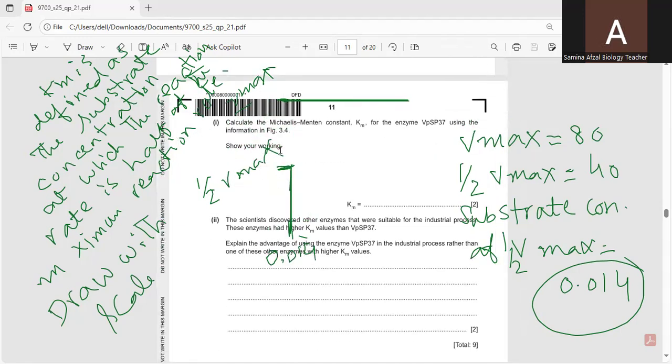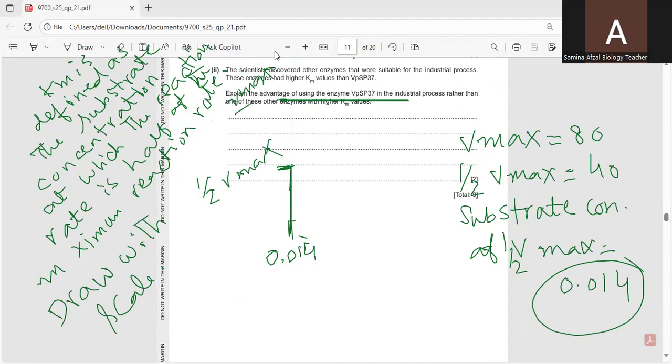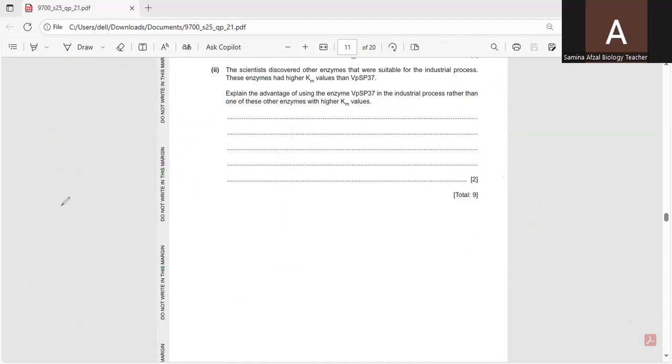Moving towards the next question. The scientists discovered other enzymes that were suitable for the industrial process. These enzymes had higher Km values than VPSP37. Explain the advantage of using the enzyme VPSP37 in the industrial process rather than one of these other enzymes with higher Km values.